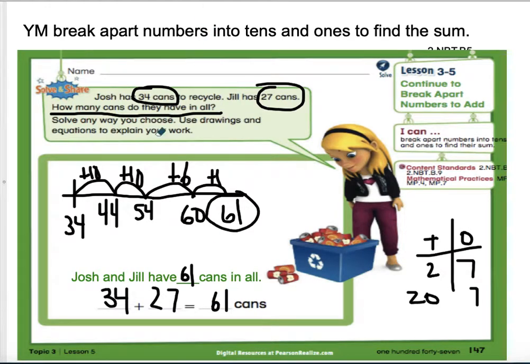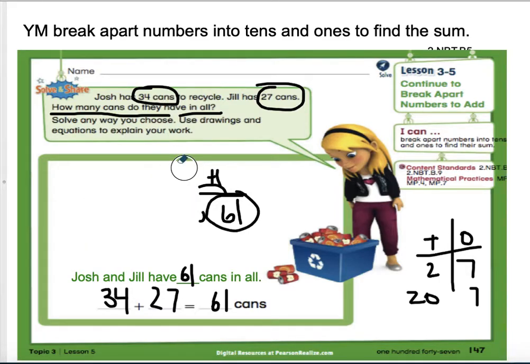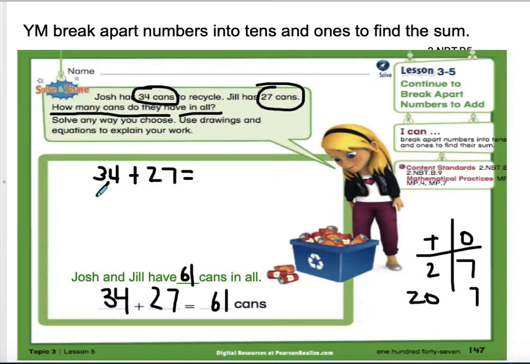Another strategy I could have used is what we learned the day before, and that is to break apart the addends into friendly numbers, into place value. So if I have 34 plus 27, I can break 34 into 10s and 1s.